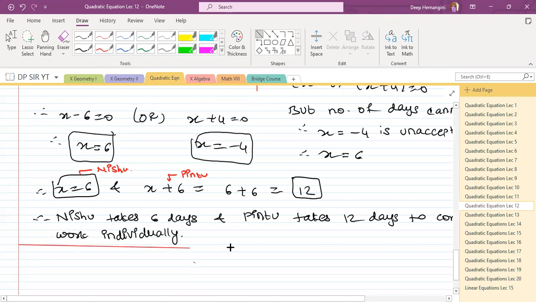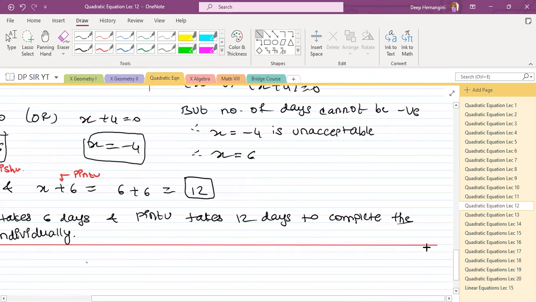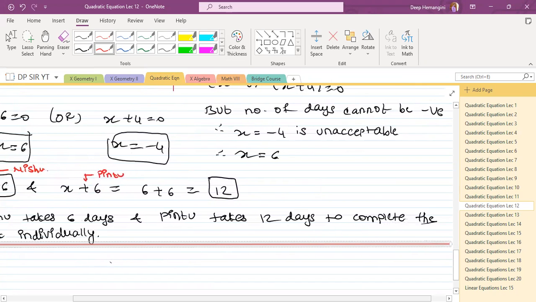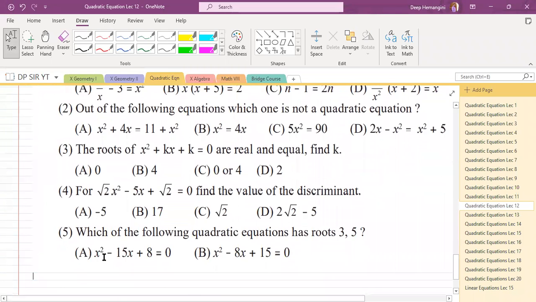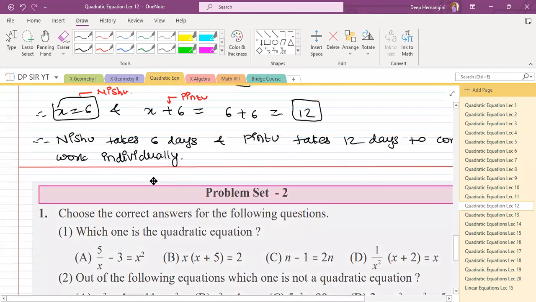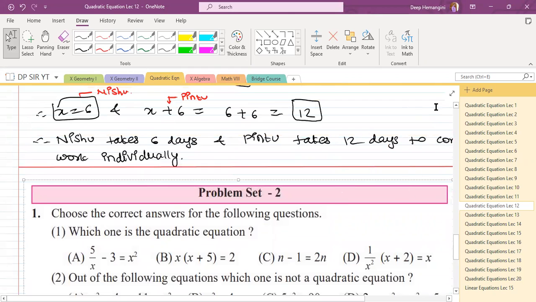But anyways, you should know how to apply the concept which you have studied. So I would highly recommend, I would highly appreciate if you solve MCQs of your problem set. And if you want some more for practice anytime, feel free to ask me for MCQs. I have a lot of stock of MCQs. Okay, so let's today solve these 5 questions only since we are running out of time. Let's check how much you all know about quadratic equation.